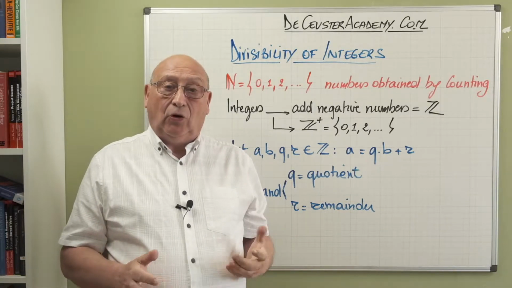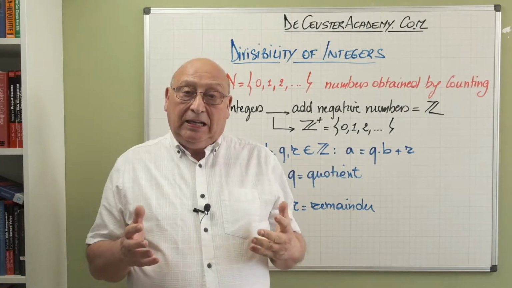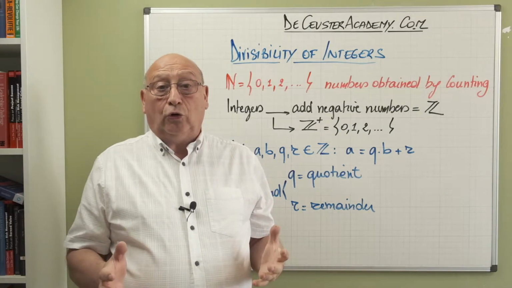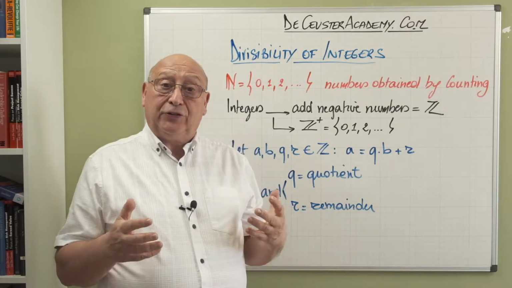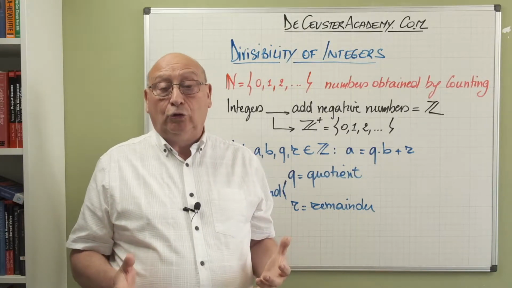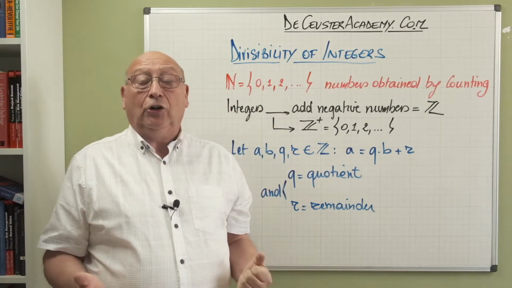This video is about divisibility. It's part of what we call discrete mathematics, and we're going to talk about natural numbers, integers, and their properties related to division. We started with natural numbers.